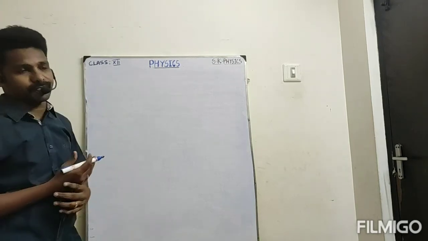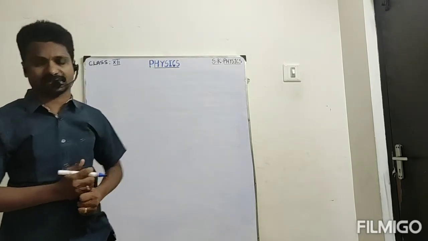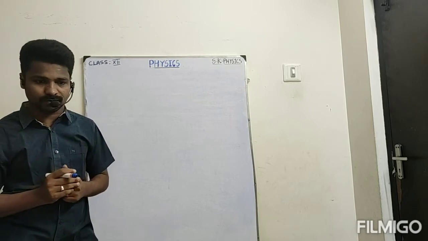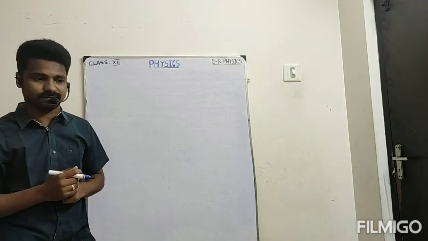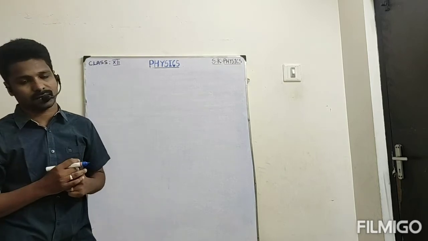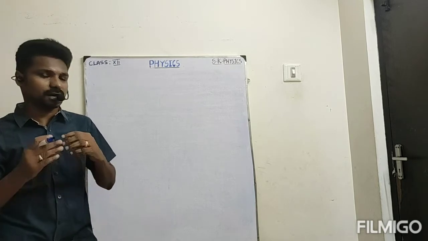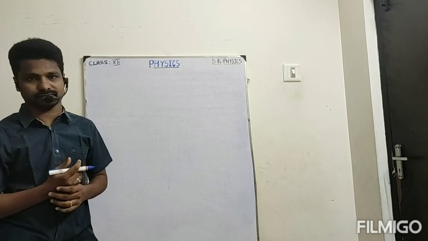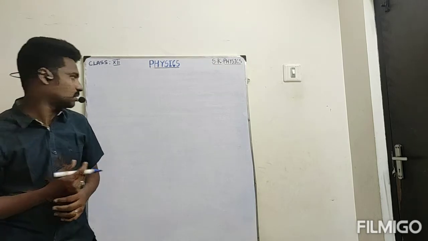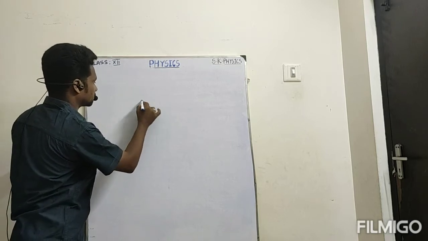Today's topic is related to rectifiers. We know very well the purpose of a rectifier is to convert AC into DC. But practically, it's not 100% pure. Say for example, it is like a rectifier circuit.